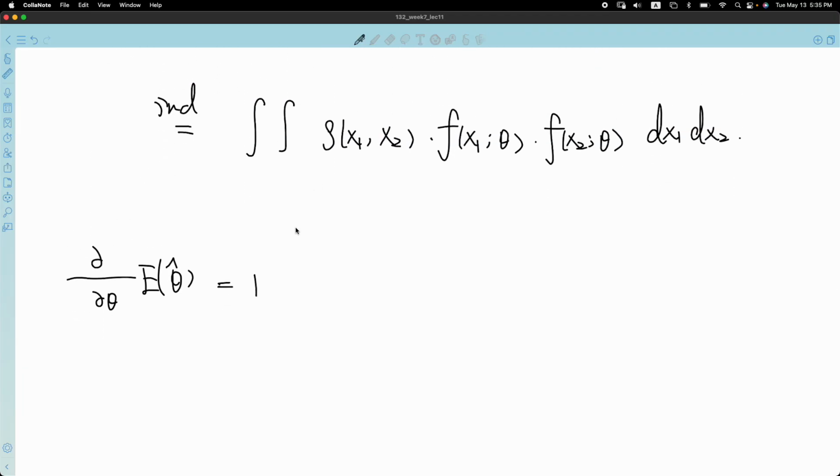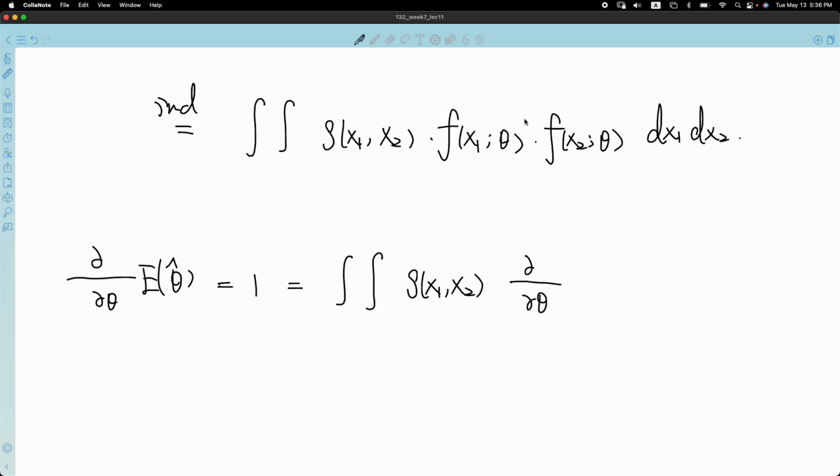Then I'm going to apply the same thing to the right-hand side. g of x1, x2 is just a function of the data points, the x's, so it does not involve theta and will remain the same. And then we have the derivative with respect to theta.